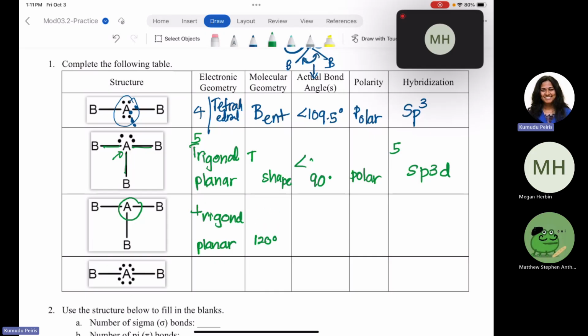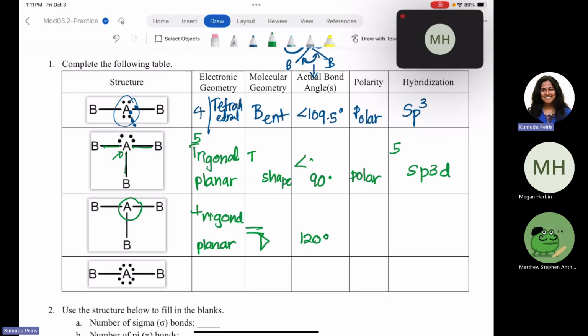The molecular geometry will be the same thing because there are no lone pairs on it. So this will be the same thing here, but the bond angle would be 120 degrees. Right. The polarity.